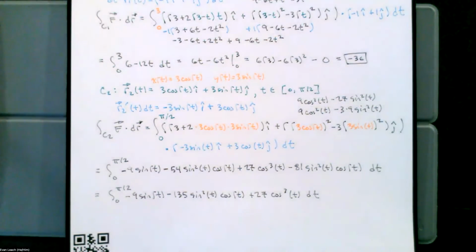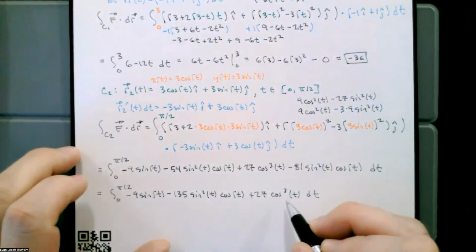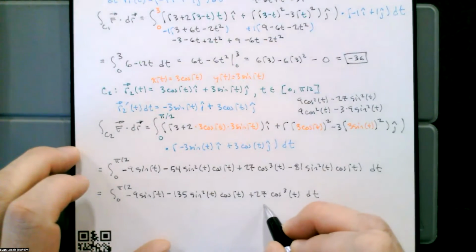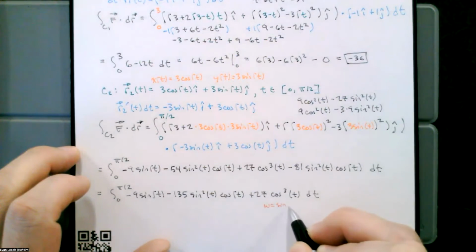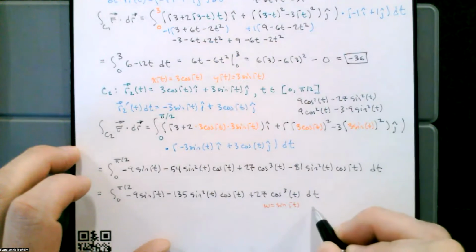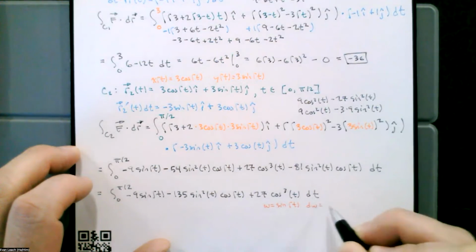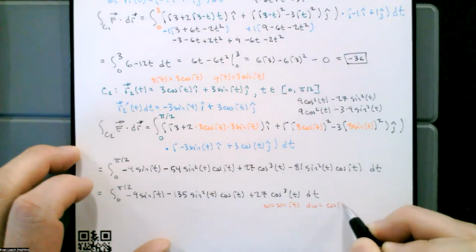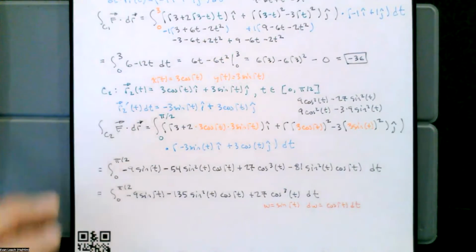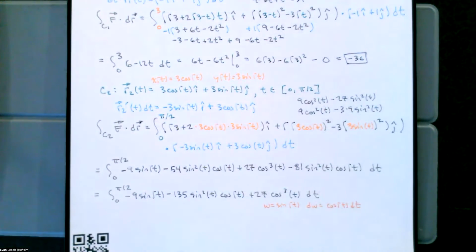We're going to do some trig identities on this cosine. To integrate an odd power of cosine, we let w equal sine so that dw can be cosine. So our strategy here is to have w equal sine, so that dw is cosine of t dt. This is a little bit strange calculation to make because it doesn't look like there's a sine there.